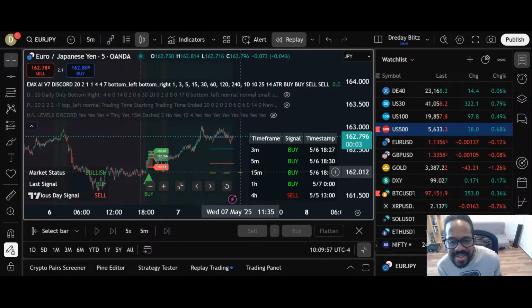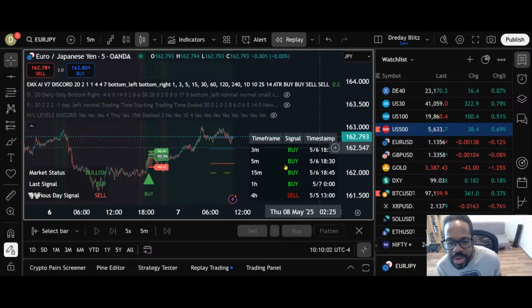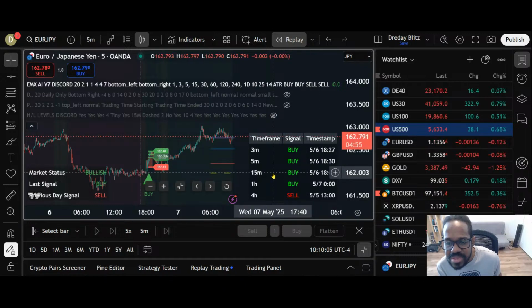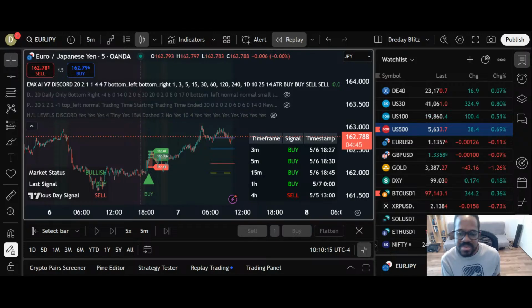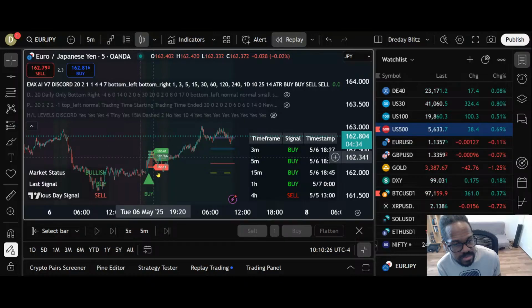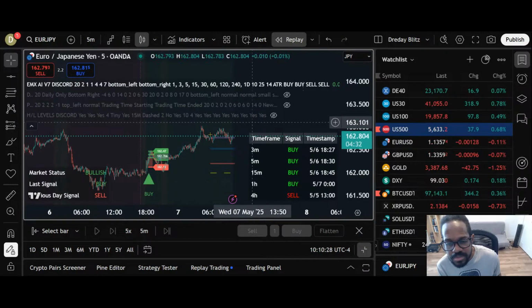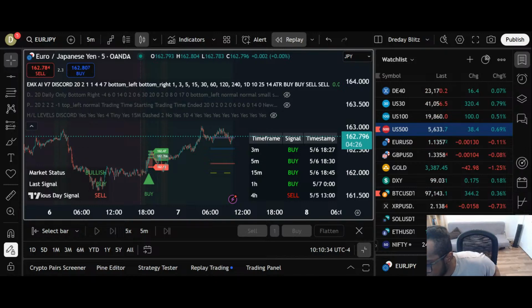And if we look at the dashboard here on EMXAI, we had multiple buys around the same time, more or less before and after. We had a 1-hour buy here at more or less the start of the mid Asian session. So everything was looking bullish here. So that's perfect.